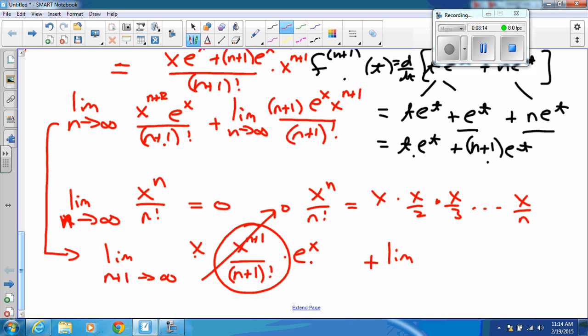For my next term, n plus 1 over n plus 1 factorial is going to cancel the factor of n plus 1, leaving me with n factorial left behind.